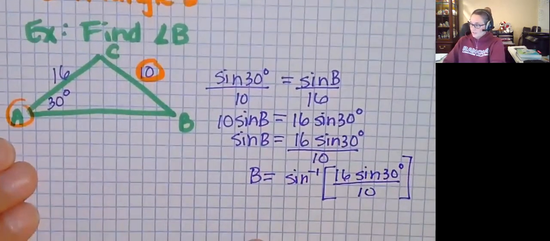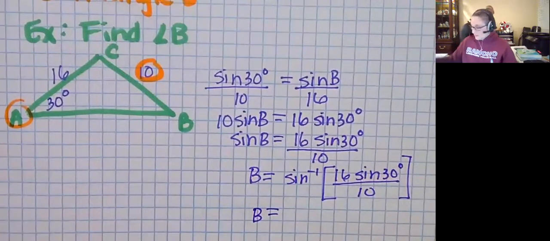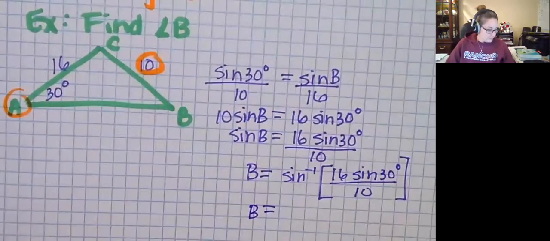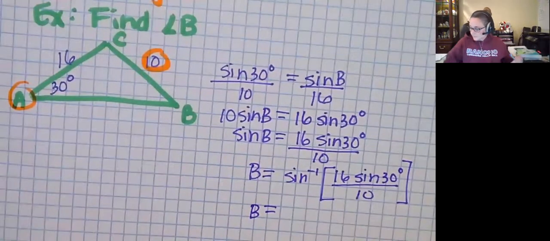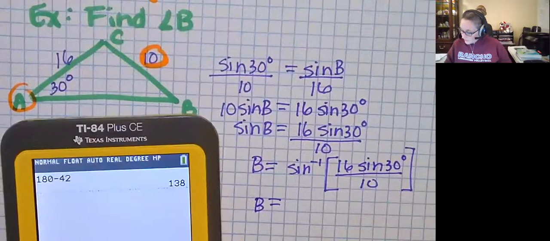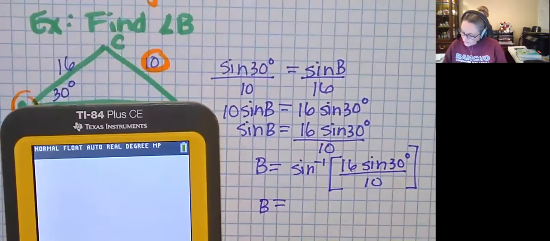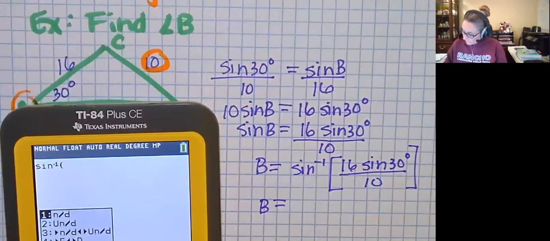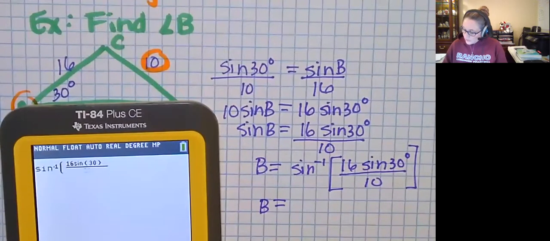And I'm going to put that in my calculator. And when I do, again, make sure your calculator is always in degrees. I'm going to have sine inverse of 16 sine 30 over 10.